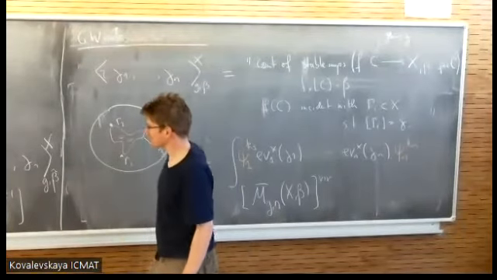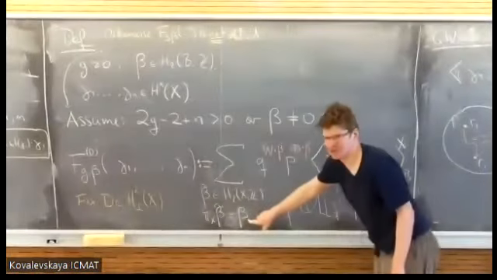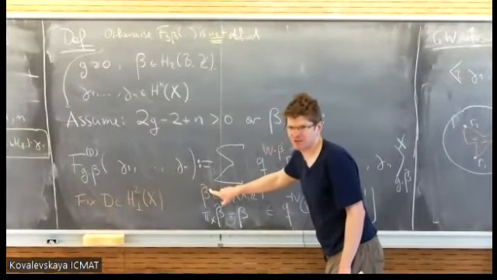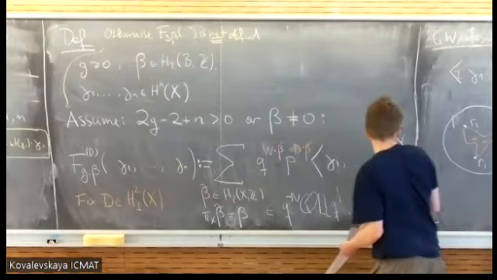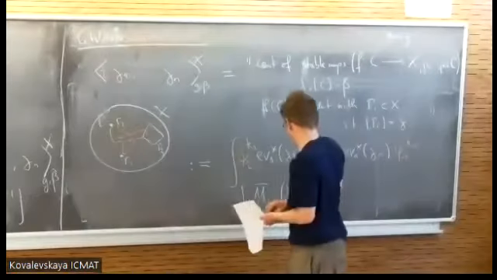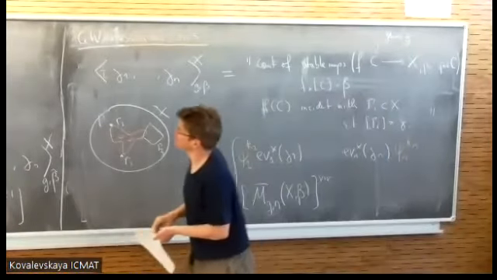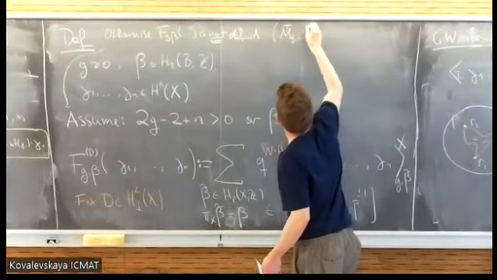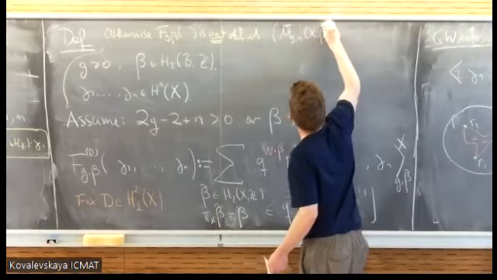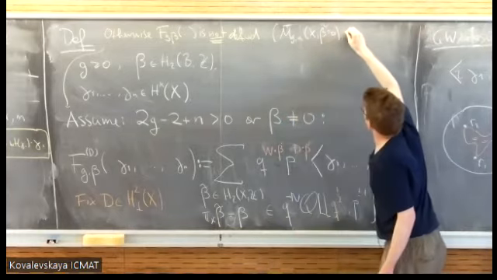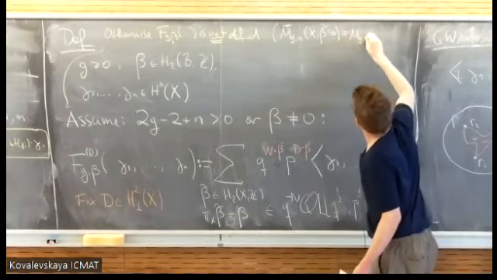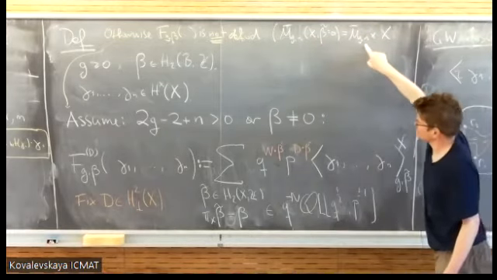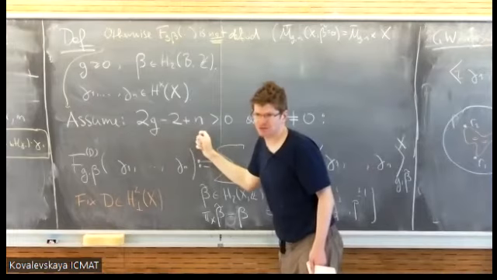And for the experts, the reason for this is that if you take beta to be 0, then you also have to allow the term where beta tilde is 0. And if you take beta tilde to be 0, what is the moduli space that you think about? If this is 0, the moduli space is just M_g,n times your target X. But M_g,n is only defined if you have this condition.